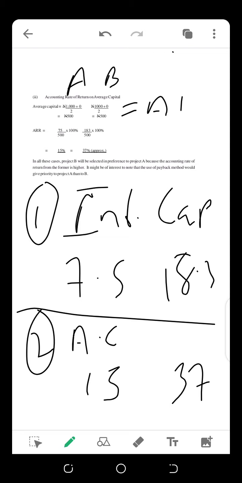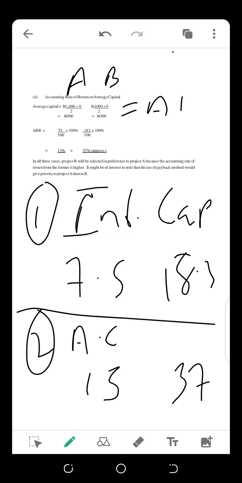It is still project B. This means that in all cases, project B should be selected before selecting project A, because it has the highest rate of return. So that is just the decision, right? That is just the decision.